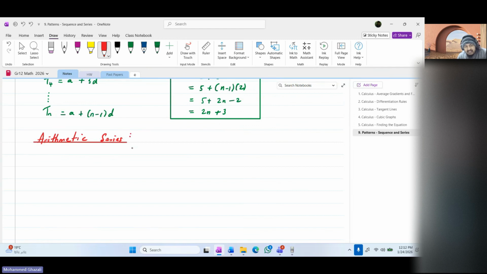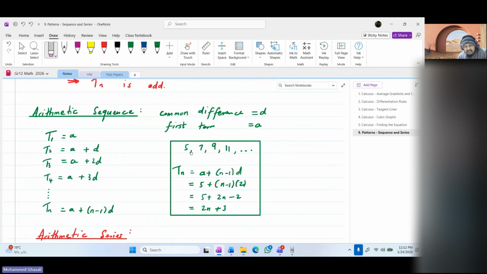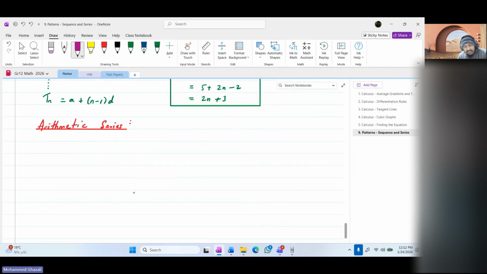Series is basically summing up terms, not a sequence. The difference between sequence and series is that you see these semicolons, these are separated by sequences. These are sequences of numbers. Series is changing this into plus, adding the sum.